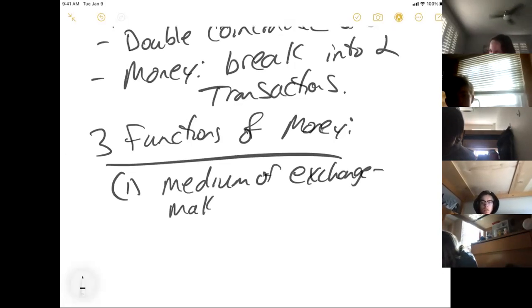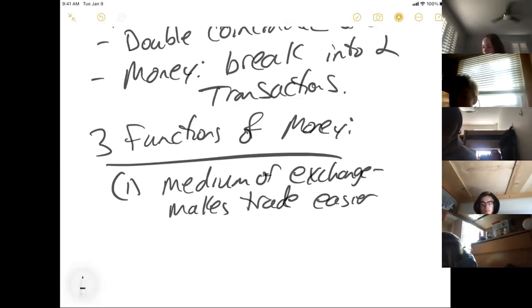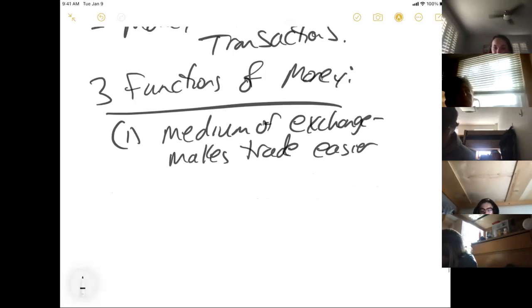It makes trade easier, by allowing you to break that one difficult trade, because of the double coincidence of wants, into two simpler trades.